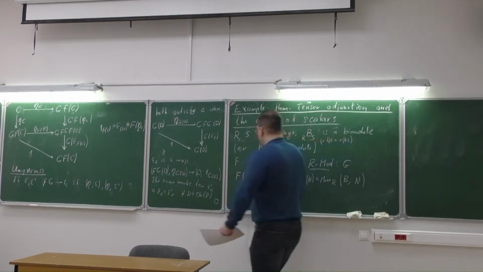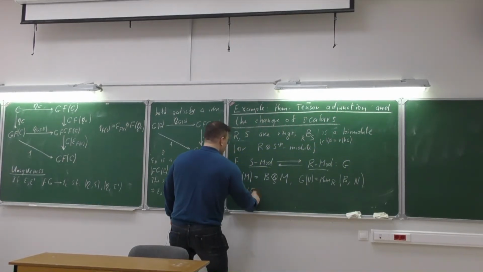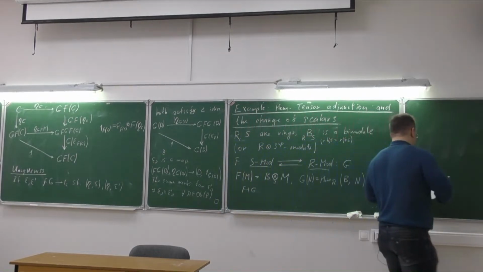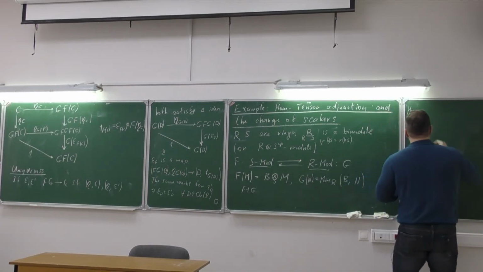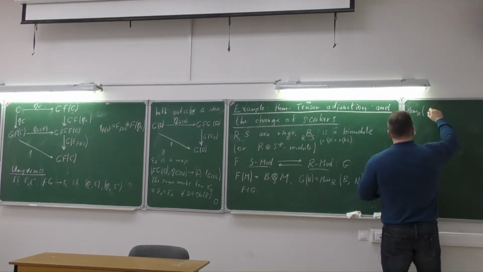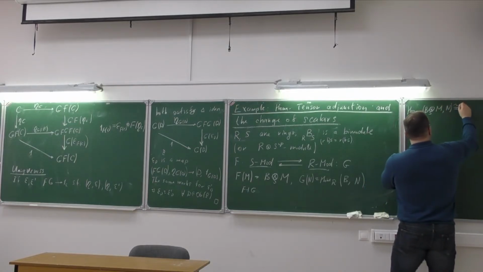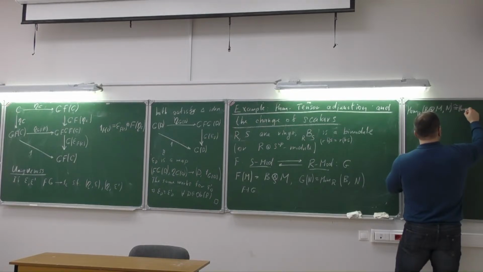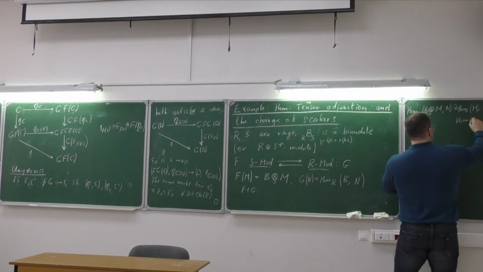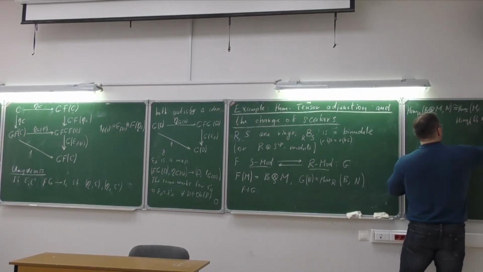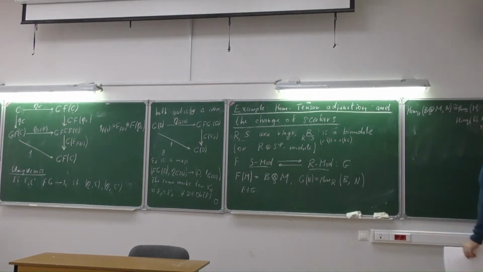So let me write F is left adjoint to G. In other words, we have the very useful algebraic adjunction, which is called the Hom-tensor adjunction. This Hom is supposed to be the second argument in the Hom over S.